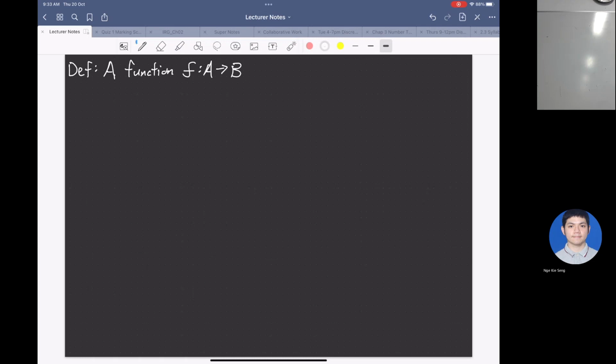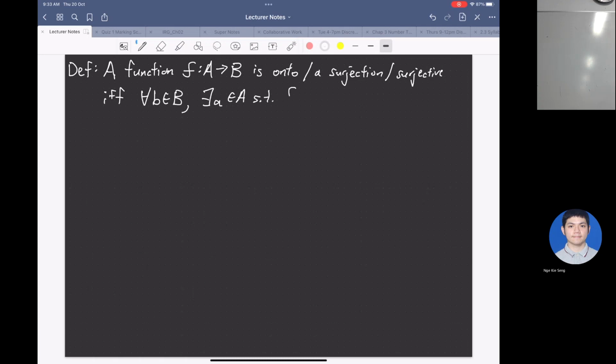The function from A to B is onto, or a surjection, or surjective, if and only if for every element in the codomain, I can find a pre-image. Understand?